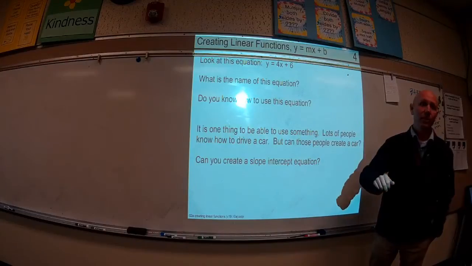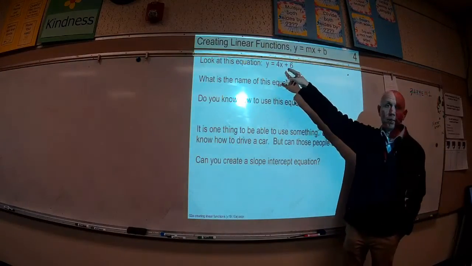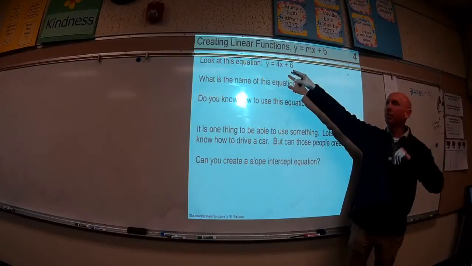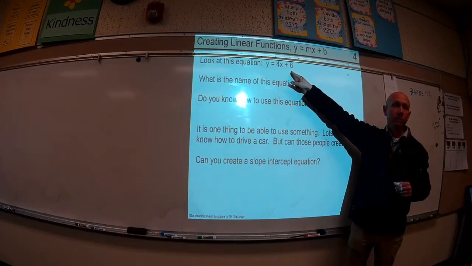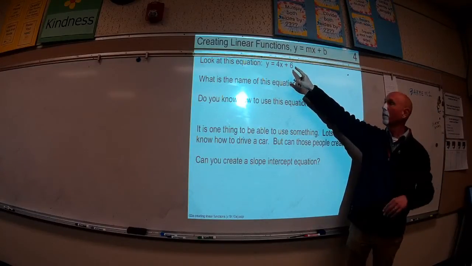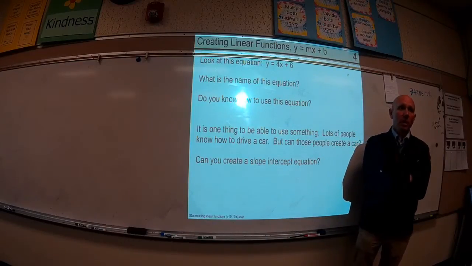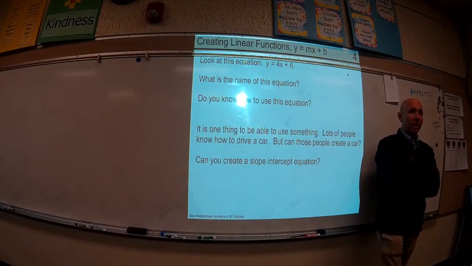Do you know how to use this equation? Yes. Could you graph this? Yes. Tell me how to graph. Cameron, tell me how to graph using this guy. First you have to find the slope. No, they already have it. Oh, I already have a slope. Dakota, tell me how to graph using this guy. I put it at 6, and then?